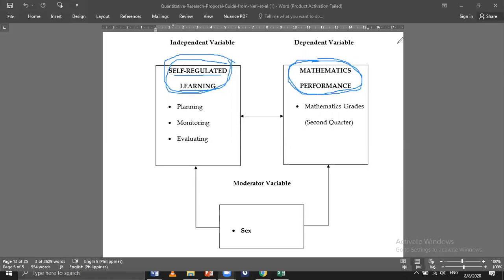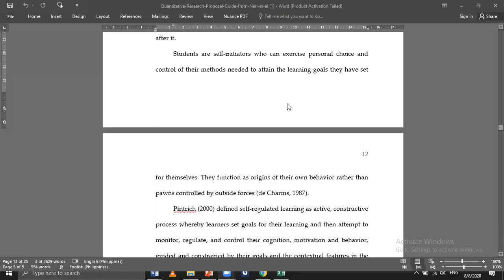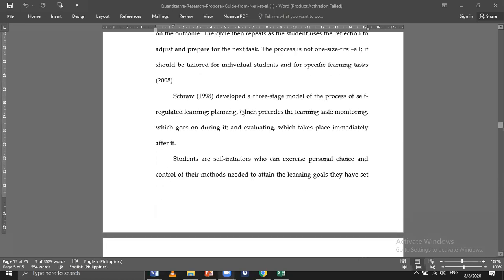So what are the things that would indicate that this is self-regulated learning? Those indicators need to be measured because, remember, this is a quantitative research. So let's remove that. And yes, let's go back to the top. You need to look for any concept or theory.